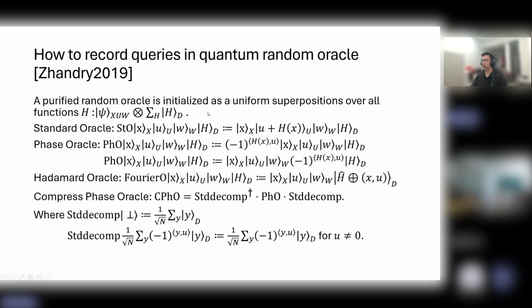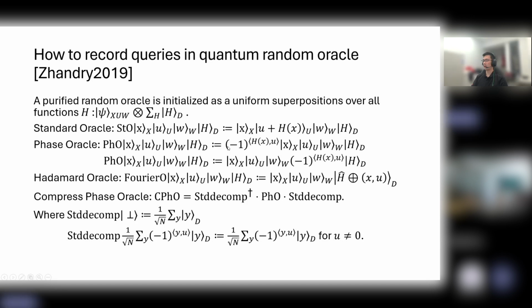So standard oracle access is this type of gate, where you add the oracle output to u. By conjugating this gate with Hadamard gates, you get the phase oracle. So in the phase oracle, the query is done in this way: in the second line, you add the phase. This phase depends on the inner product of h of x and u.